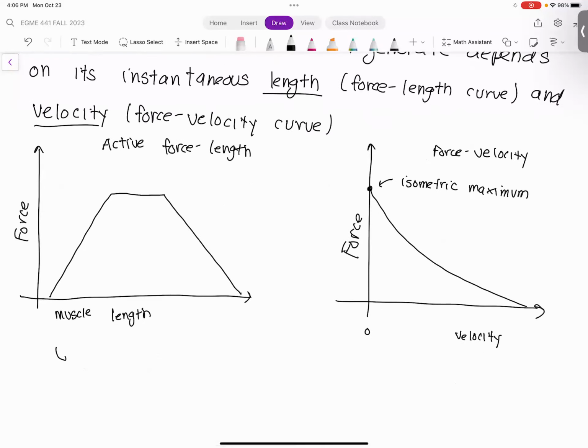But one thing I didn't really mention is that these curves only dictate general trends, right? Every muscle is different, and so the exact shape of these curves for each individual muscle is going to be different based on its characteristics.